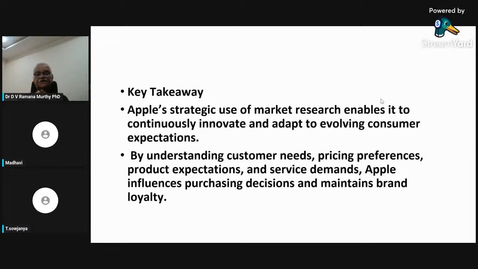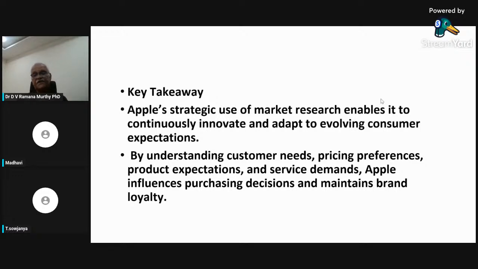Apple's strategic use of market research enables it to continuously innovate and adapt to evolving consumer expectations, because the mobile market is highly flooded with different types of brands, right? Apple is a leading brand because it is there in the iPhone category.